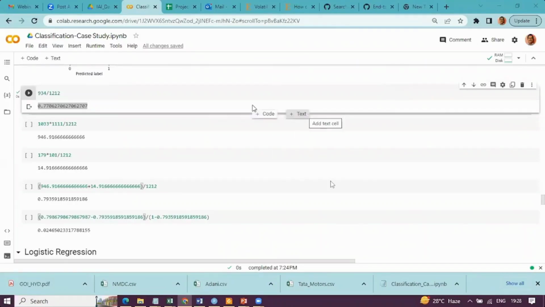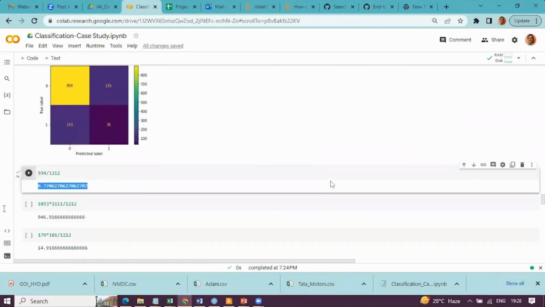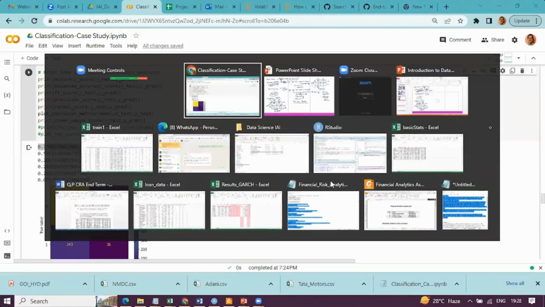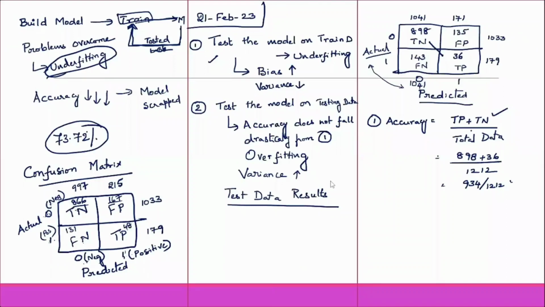So what I'm trying to say here is that on the test data, the accuracy is around 77.06. That is what we got here. Accuracy is nothing but the total positive plus total negative, which is what has been predicted correctly by my system.